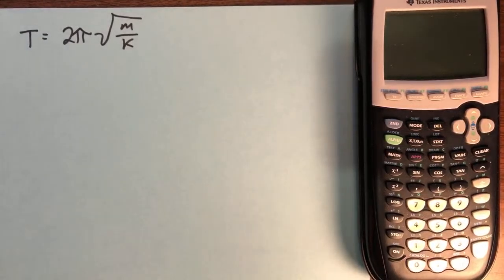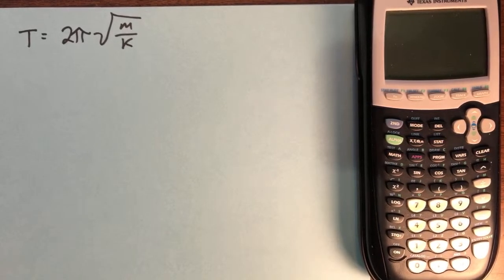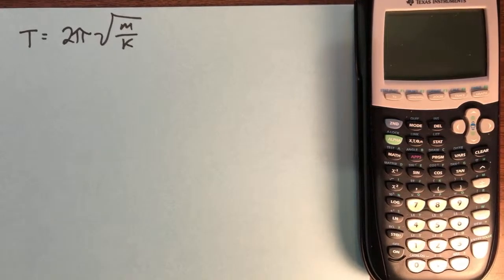Looking at that, I believe we have rearranged this equation already. We can look at how to rearrange it for different problems, but let's just jump right into number 2. I believe it's on page 607.